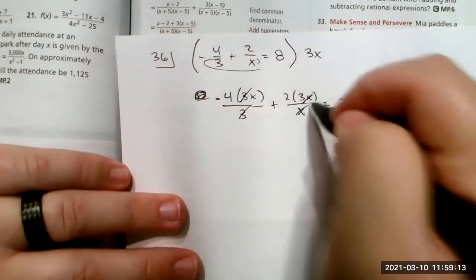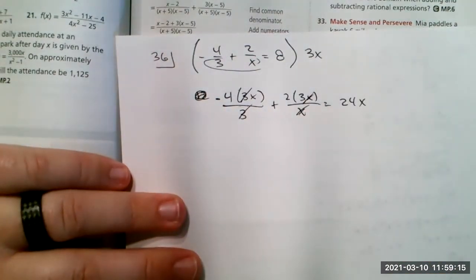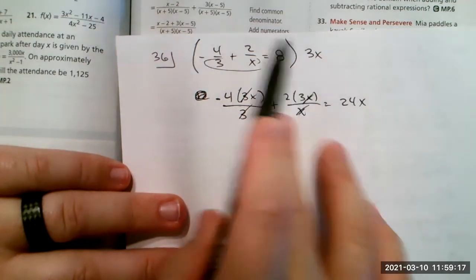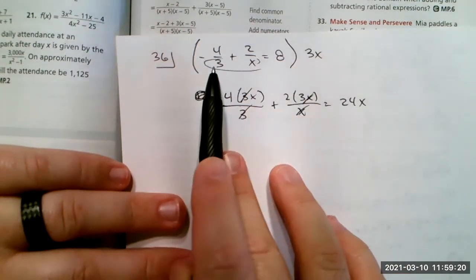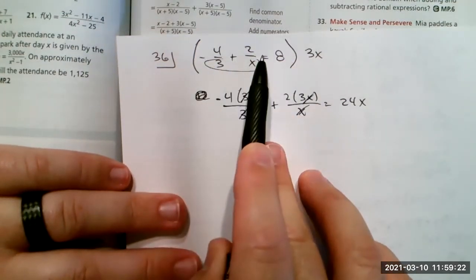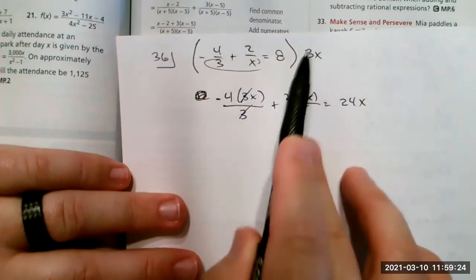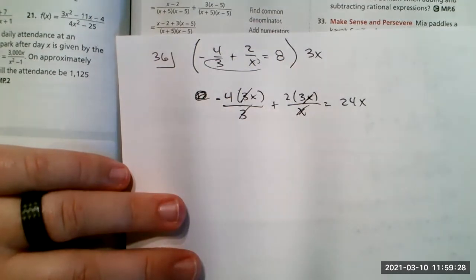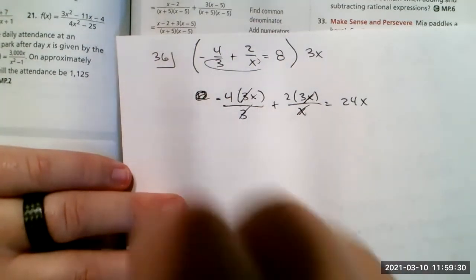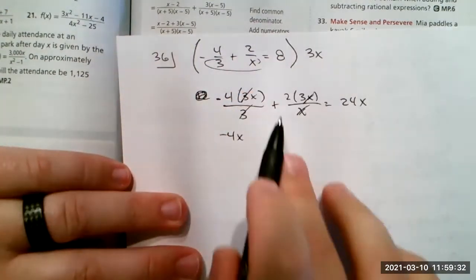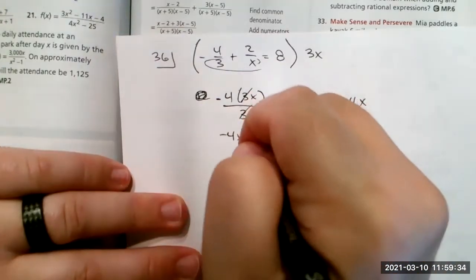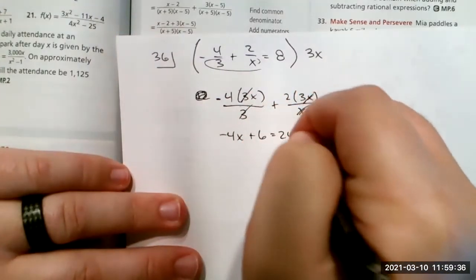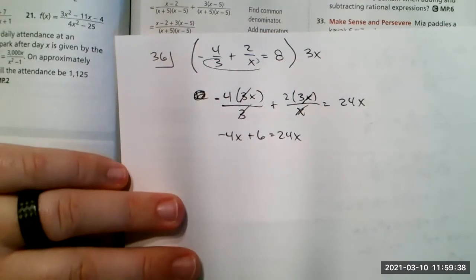I got an x up top and an x down below. So what essentially happens when I distribute that 3x, all it's going to do is just cross out that denominator as well as something from that least common denominator and leave me with numerators. So negative 4 times x plus 2 times 3 is 6 equals 24x.